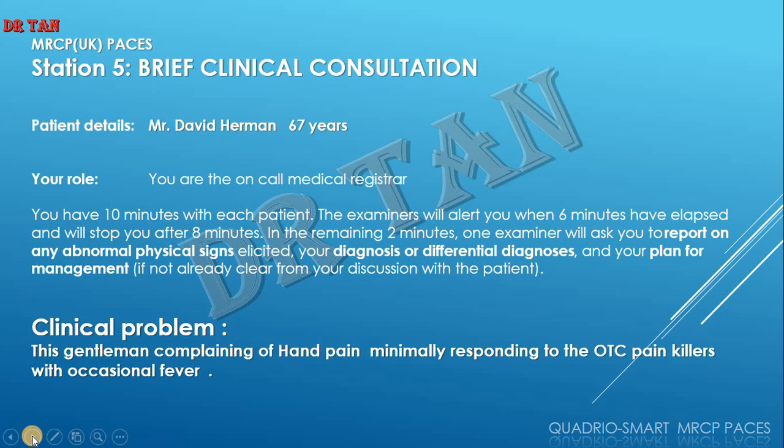So I will go now. I want every one of you to pick a piece of paper and write how he is going to approach this case, and then by the end of that you will stop the video, and then you will play the video again and follow me step by step in the algorithm of the hand pain, and then catch the diagnosis according to the findings that I'm going to give you.